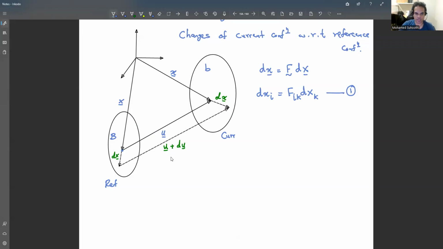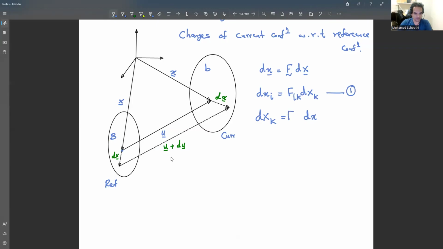Now let's discuss this one. Here I have represented the current configuration change with respect to the reference configuration, right? The same thing, if I want to represent the reference configuration change with respect to the current configuration, and follow the index notation, here I have to write a matrix.